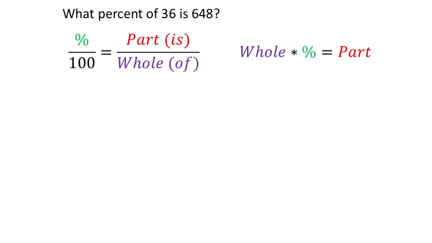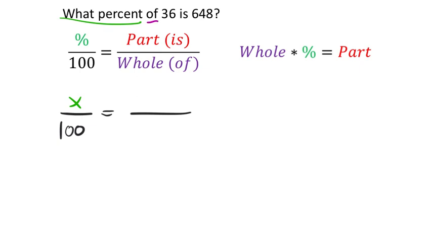Okay, try this one out. Now this one's worded different, so you gotta be careful, but what percent of 36 is 648? Try this one out. All right, now the first thing on this one, right, so I've got my percent proportion set up. And they say, what percent? That means we don't know the percent. And so for me, I'm gonna use an x where the percent goes, which is always above 100, always, okay?